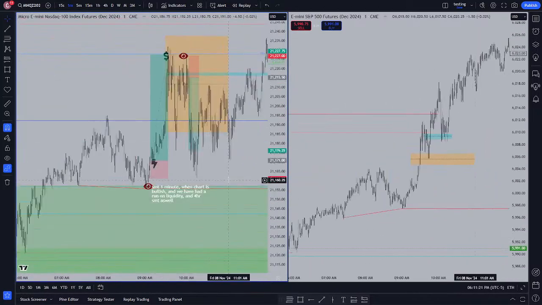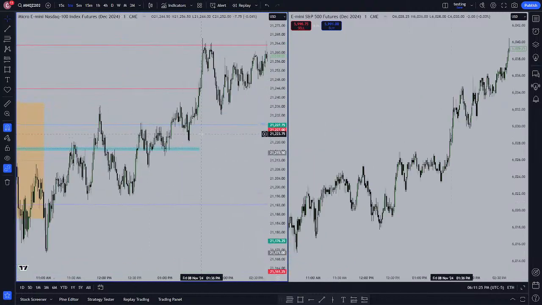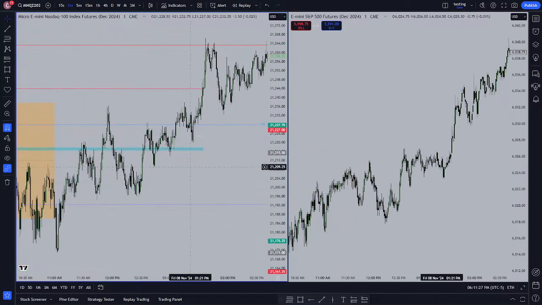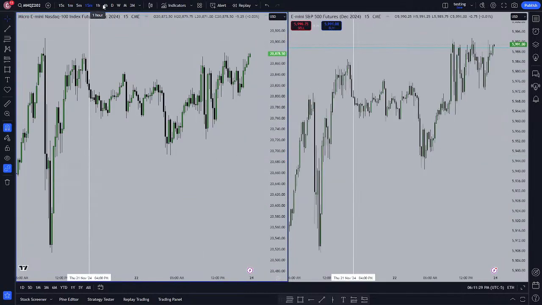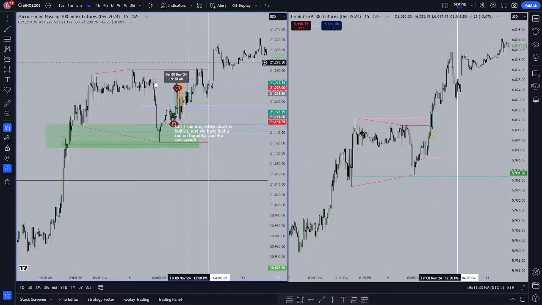And that's pretty much it. It stays in the range. And then it goes for these highs after staying down, and ES closes higher. So that's pretty much it for this range.